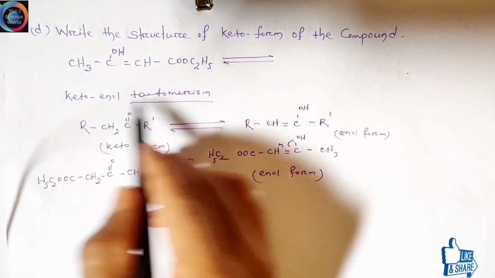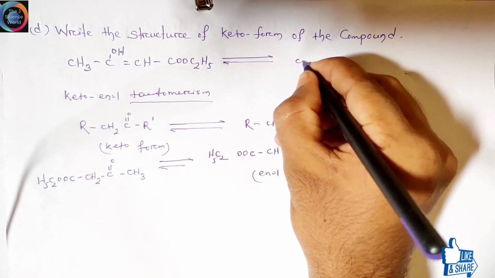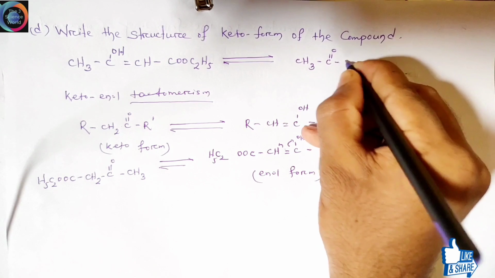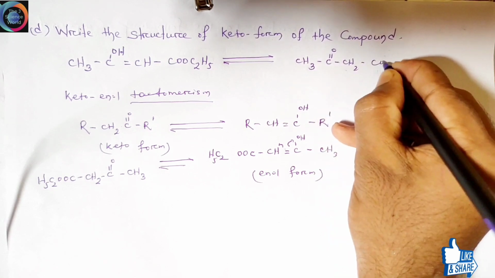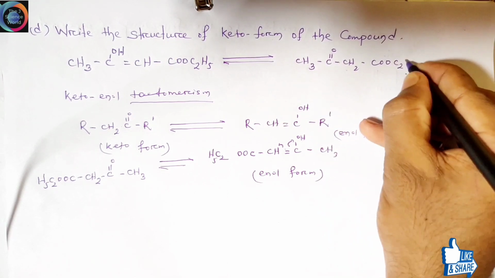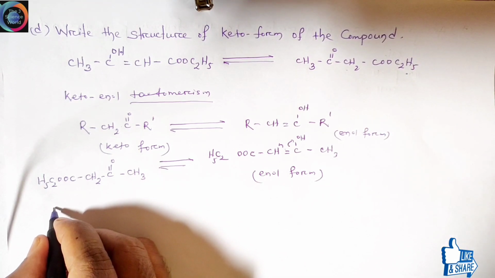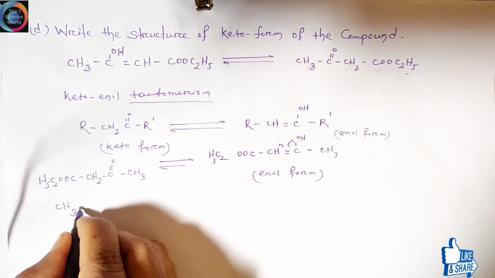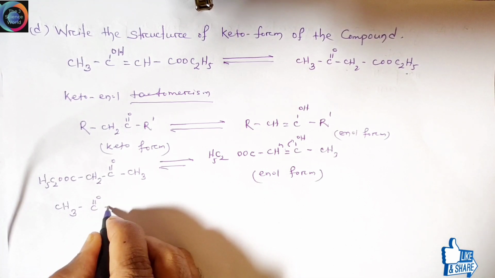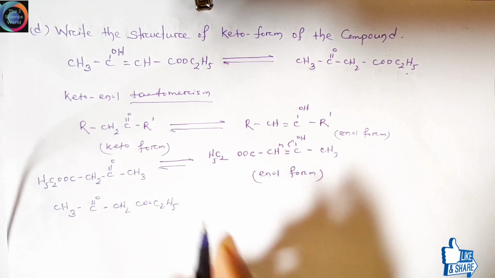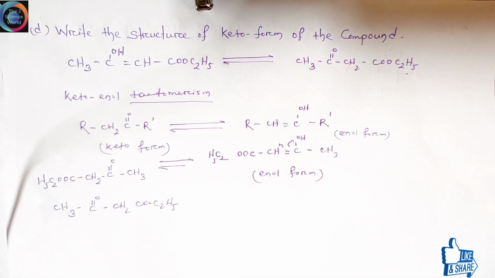So our resultant answer is CH3, C double bond O, CH2 COO C2H5. I can also write it another way, CH3 C double bond O CH2 COO C2H5. This is our correct answer.